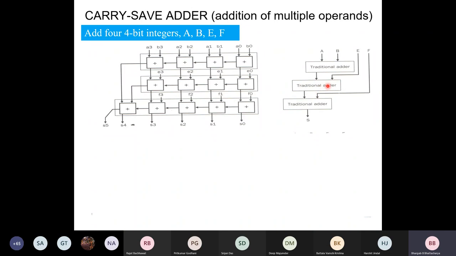Similarly, this is also a traditional adder, again a 4-bit ripple carry adder. But this time it accepts newer inputs, E0, E1, E2, E3. And the 3rd stage receives the 4th vector, F0, F1, and so on.